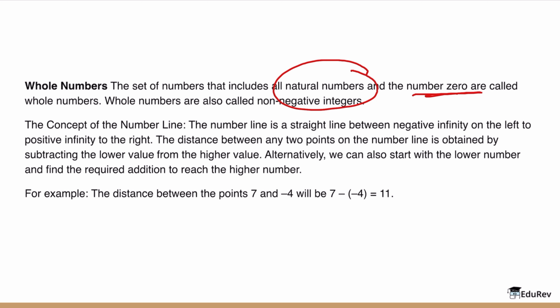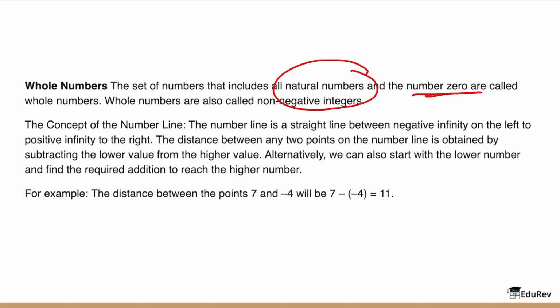Your natural numbers are all the integers which start from 1, including 1. Now if I add 0 to my set of natural numbers, I get whole numbers. So whole numbers are natural numbers plus 0.